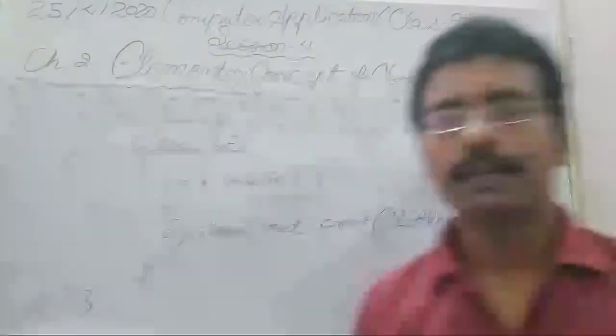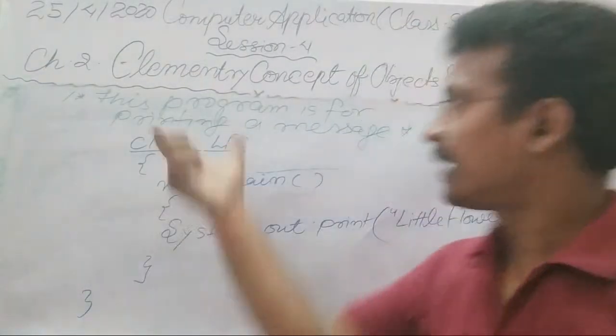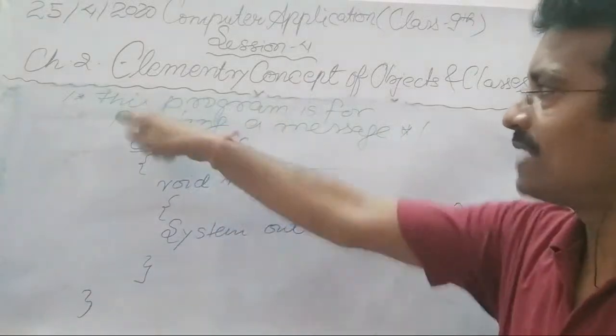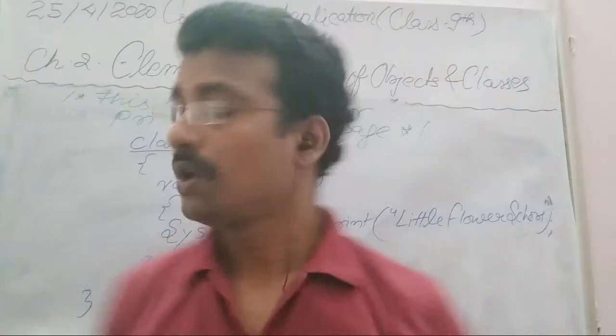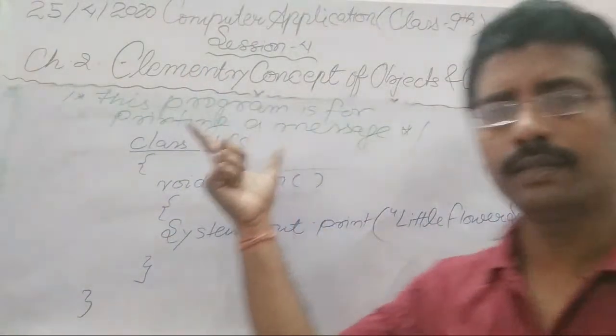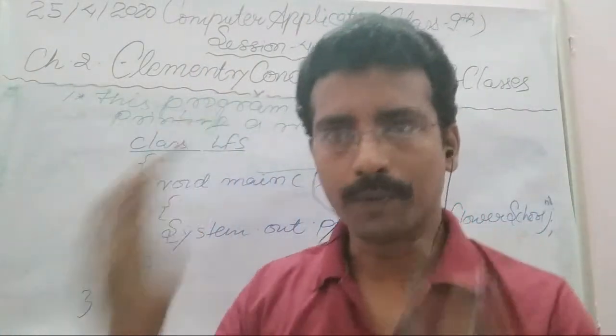This way you can write a multi-line comment. You can add information with the program so that one person who opens your program can easily guess why this program is written for. Hope clear?